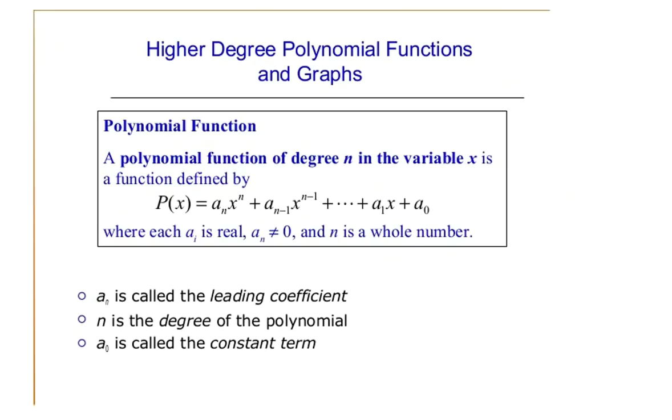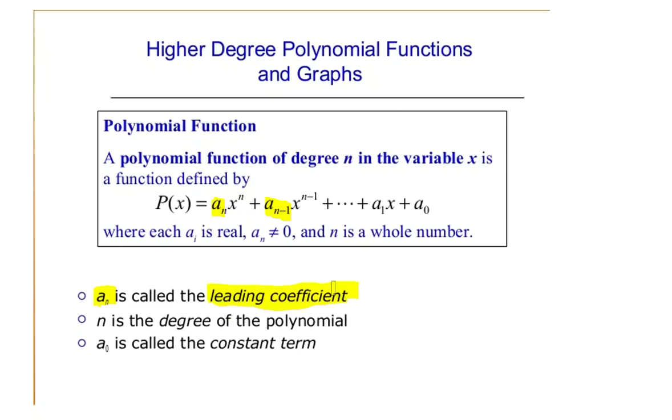What we have right here is the definition for a higher degree polynomial function, and it just shows you the notation of it, where a sub n, a sub n minus 1 and so on, those are our coefficients. A sub n, that very first one, is called the leading coefficient. You'll need to know that as a definition.